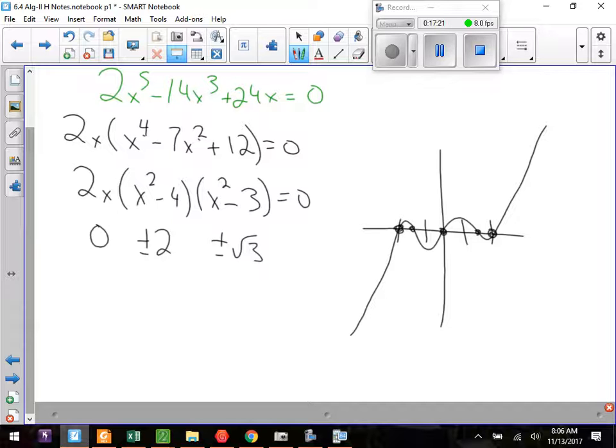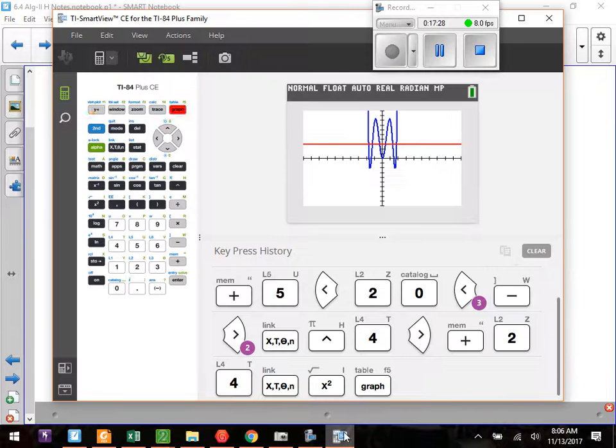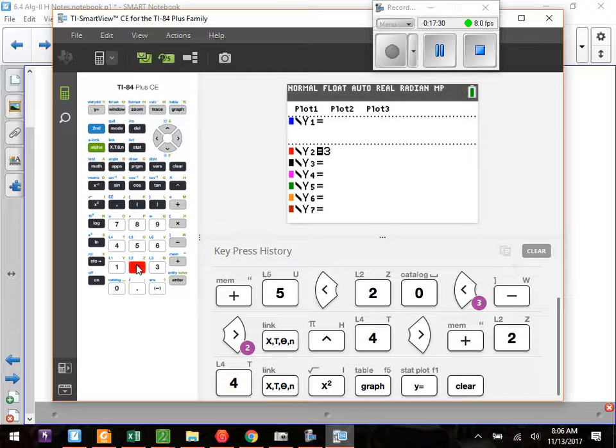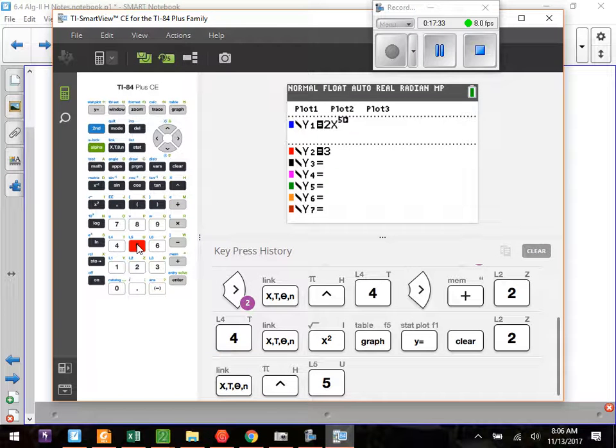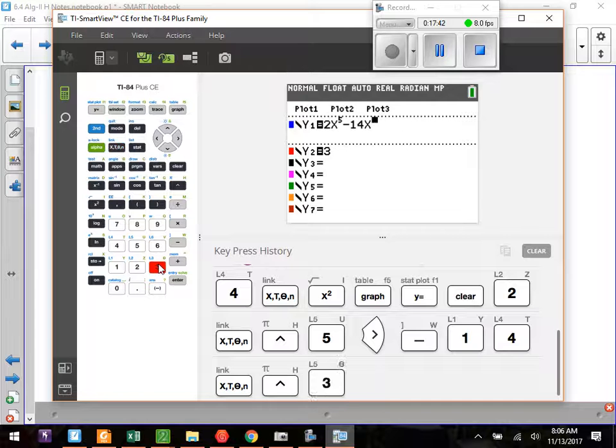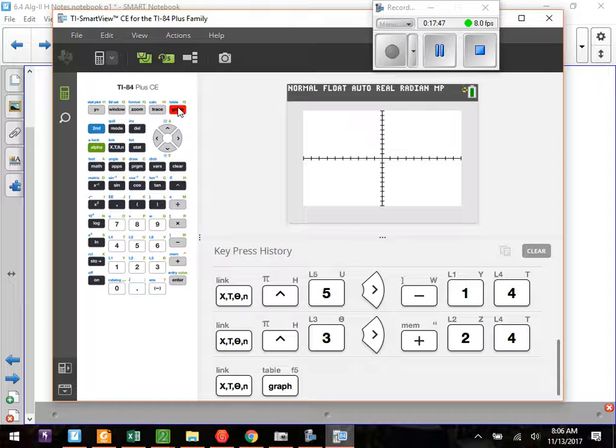Here we go. It's kind of similar. It doesn't have to be perfect, but I know that's what my tails are doing.